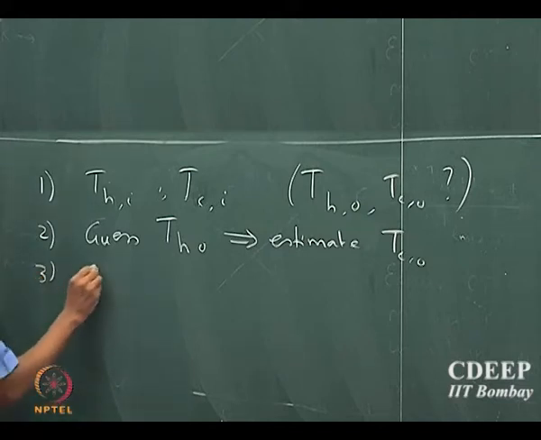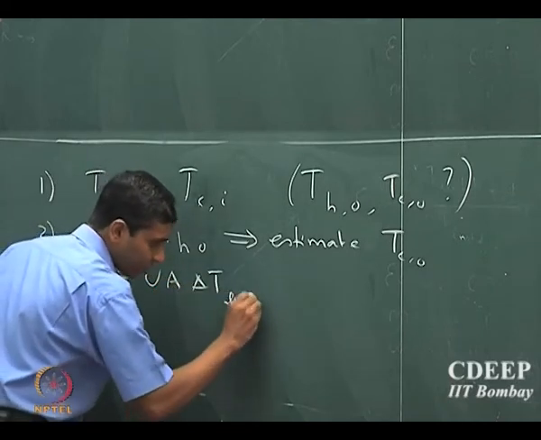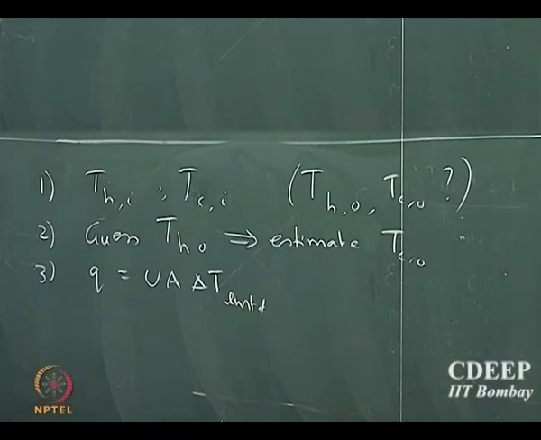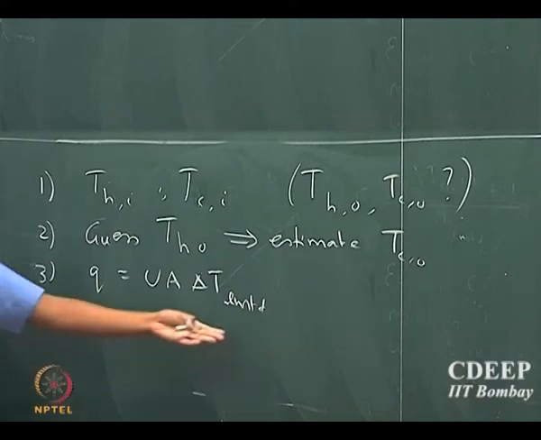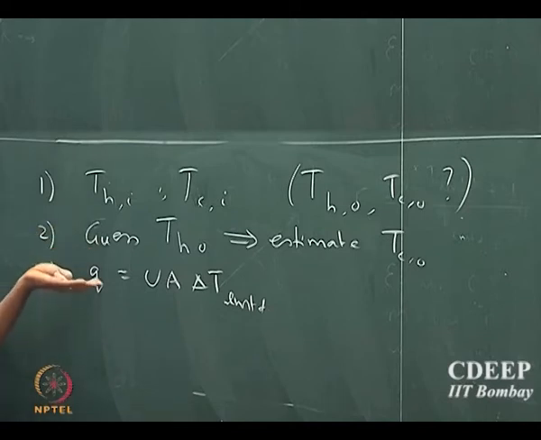Then from here I can find out UA delta T LMTD, assuming that the area and the heat transport coefficient is known. I can find out delta T LMTD. Now obviously this is not going to match with the m dot Cp delta T, right?